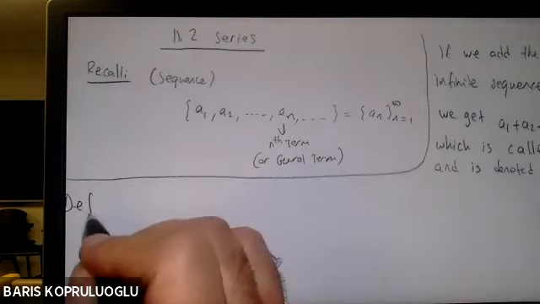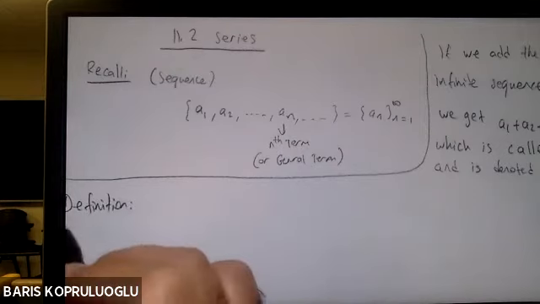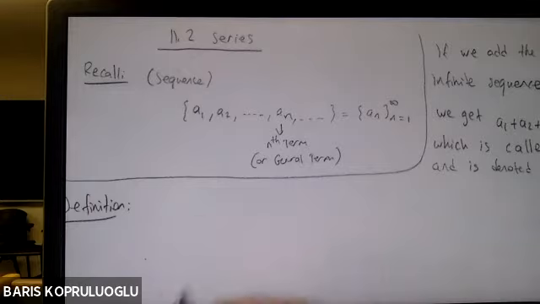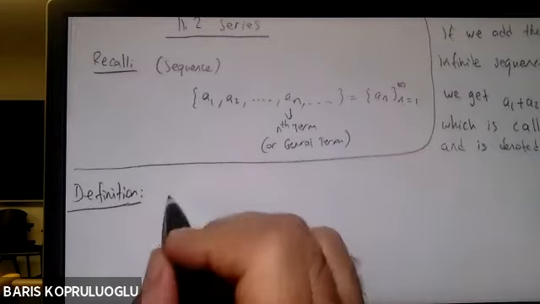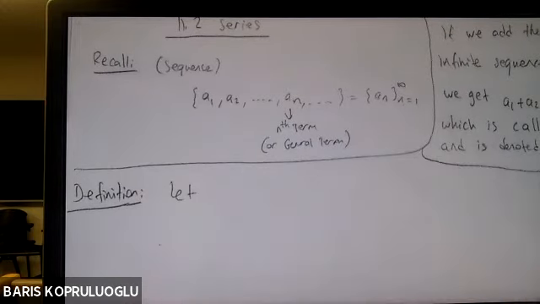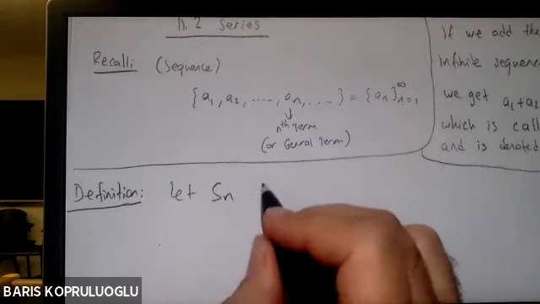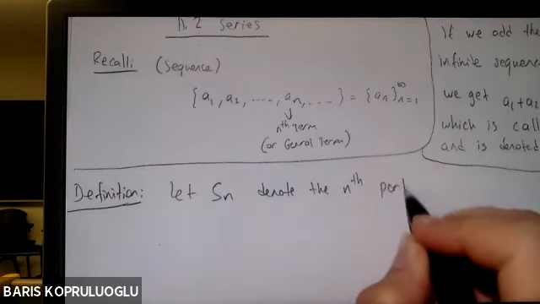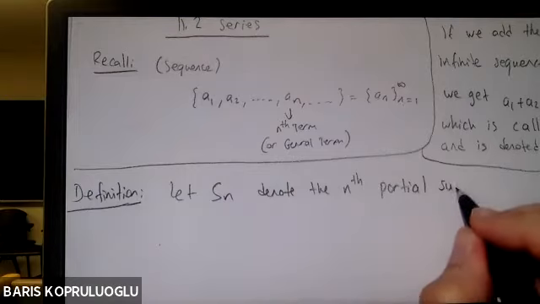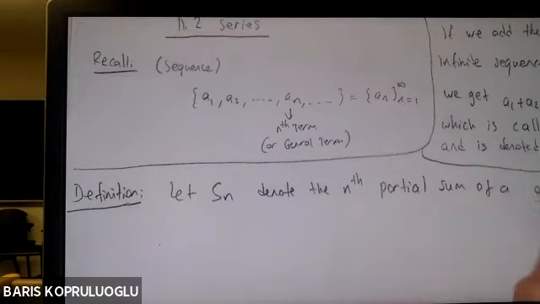Okay, and then let's write out the formal definition. Let S_n denote the nth partial sum of a given series. What does that mean? It means the sum of the first n terms.